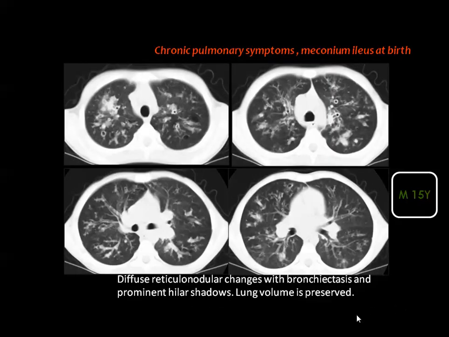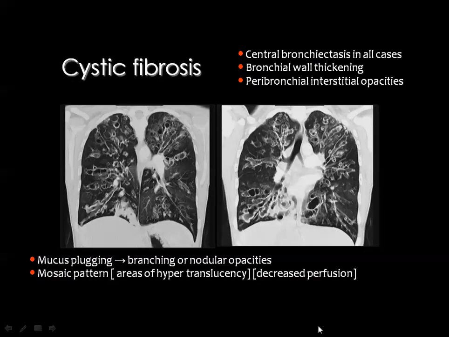Then if you have the CT scan, you are able to see that some of the bronchi are dilated and other bronchi are obstructed by mucus plugs, giving the typical finger-in-glove appearance. These are the bronchi which are obstructed by mucus plugs, and these are the bronchi which are dilated secondary to the bronchiectasis.